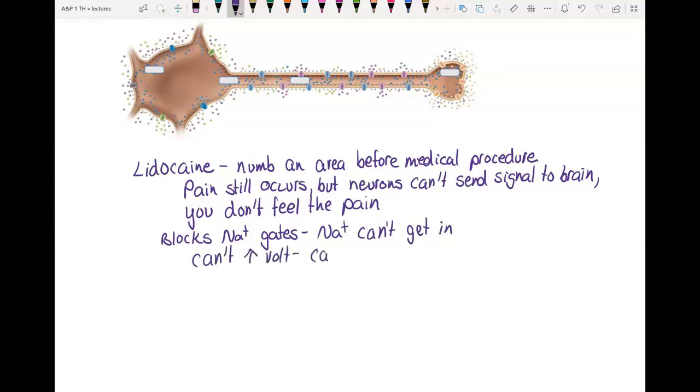So you can't have an action potential. So here we have a medicine that works by blocking one of these gates. Lidocaine blocks your sodium gates. Sodium can't get in, you can't raise the voltage, no action potential. There's still damage and pain occurring at that body part, but you can't feel it.